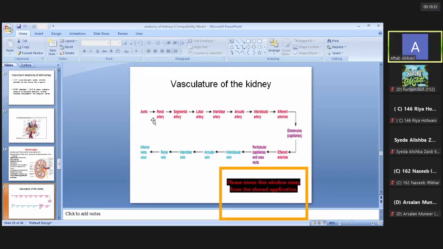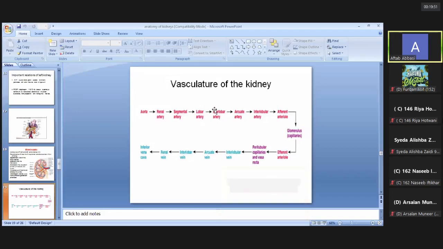From the aorta arise the right and the left renal arteries. Each renal artery at the hilum of the kidney divides into 5 segmental arteries. From the segmental arteries, multiple lobar arteries arise for each lobe of the kidney. From the lobar arteries arise interlobar arteries that run on the sides of the renal pyramids.